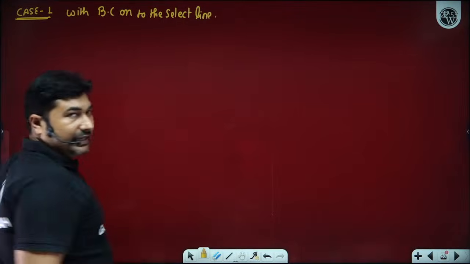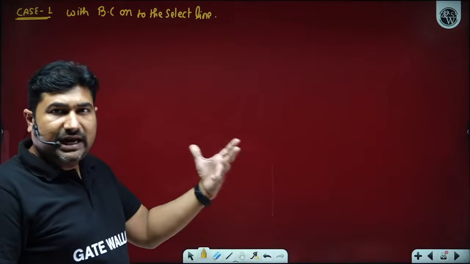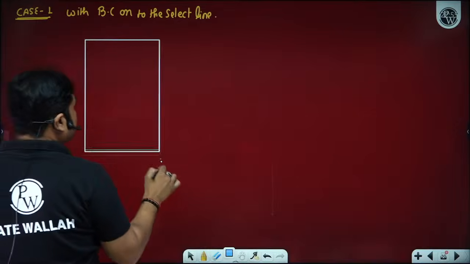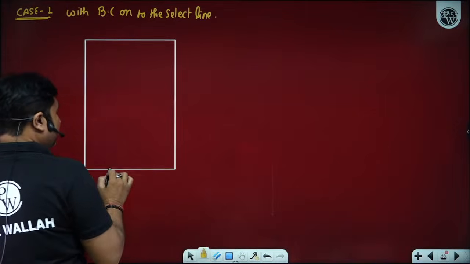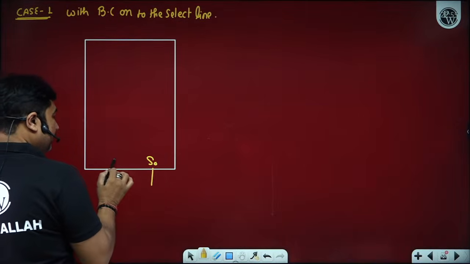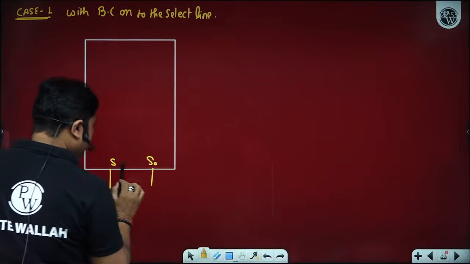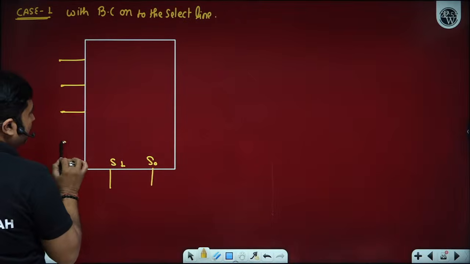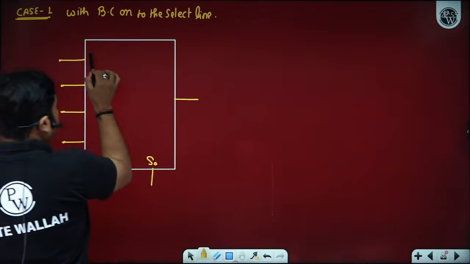We can choose any 2 onto the select line because we have to implement it by using a 4x1 multiplexer, and a 4x1 multiplexer will have 2 select lines.